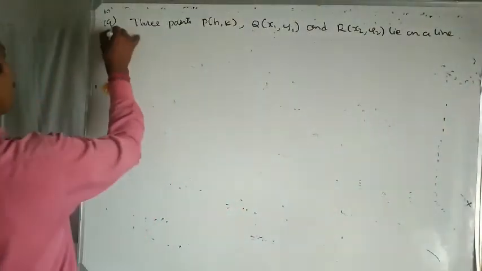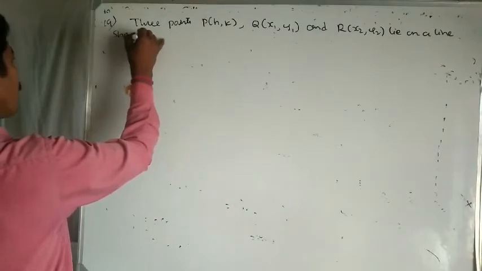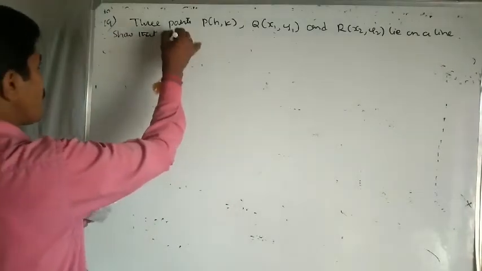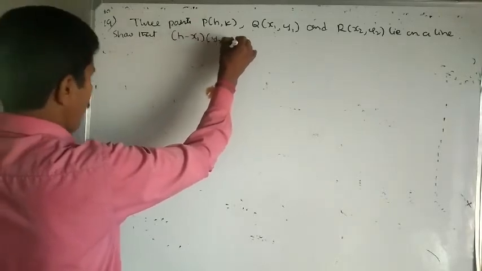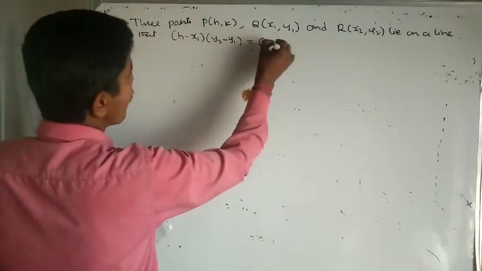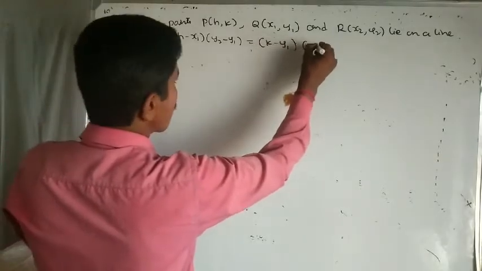Show that (h minus x1) into (y2 minus y1) is equal to (k minus y1) into (x2 minus x1).